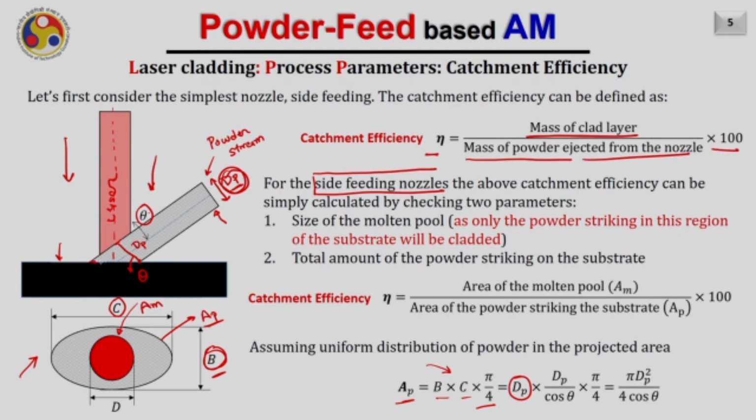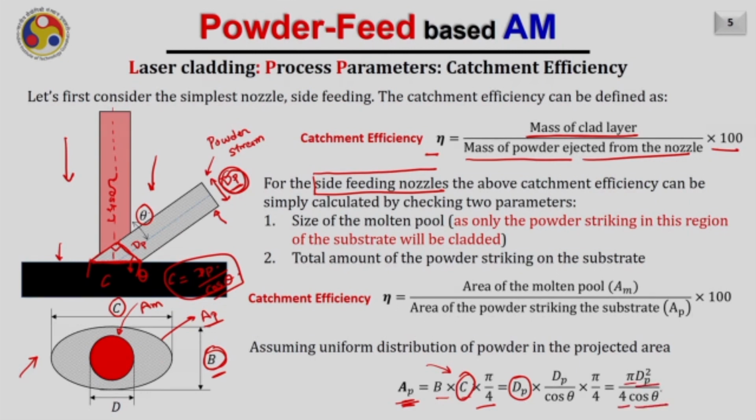Now I can easily find this length, which is nothing but C, and C will be equal to dP divided by cos theta, if I consider this right angle triangle. Hence, once I know C, I can find the area: AP will be equal to pi dP squared by 4 cos theta.